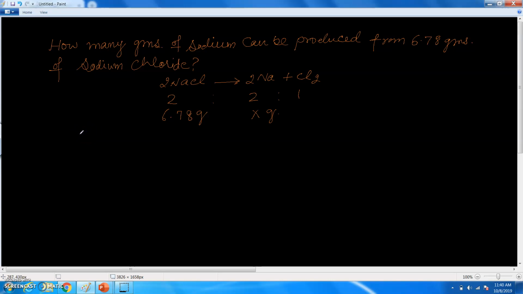I am going to write the conversion factors first of all. First thing we will see the molar ratio, and the other thing the conversions that I'll show you in a conversion box. You can make a conversion box here.